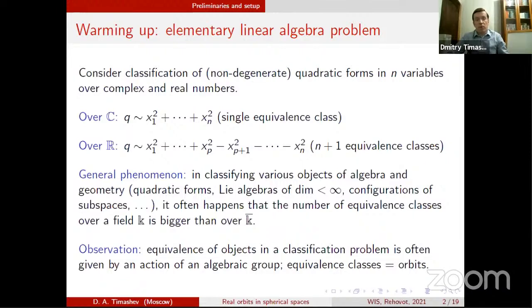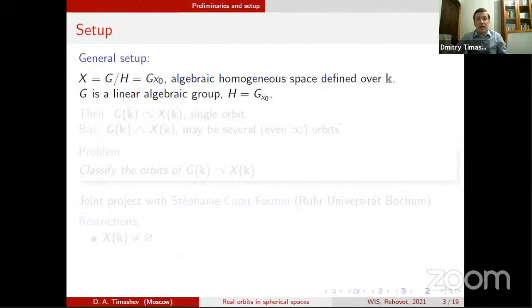So what is a proper way to formulate this kind of classification problems in general? The general setup is as follows. Let X be a given algebraic homogeneous space defined over some base field K, so that G is a linear algebraic group defined over K. H is the stabilizer of a chosen base point on this homogeneous space.